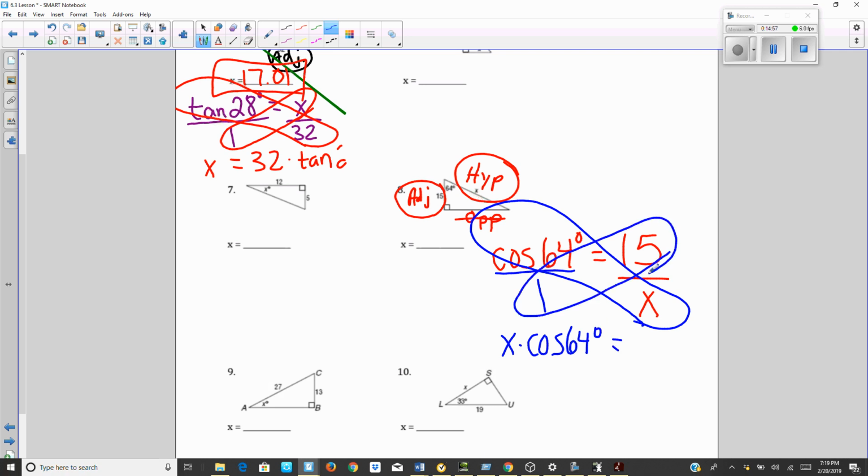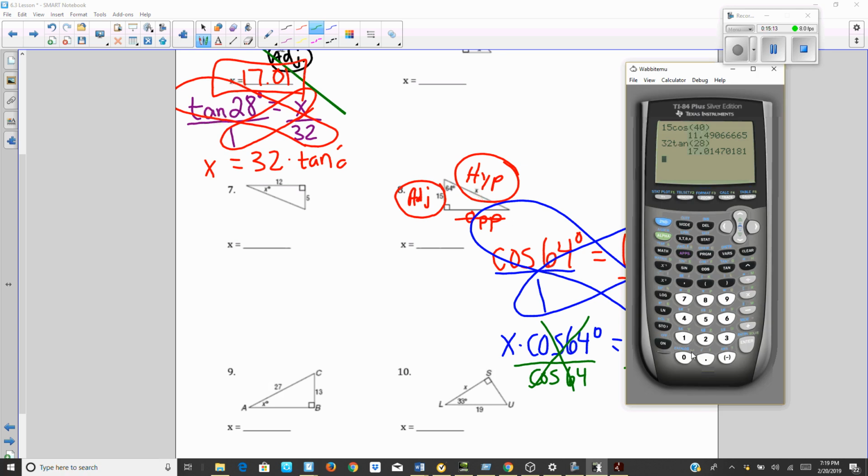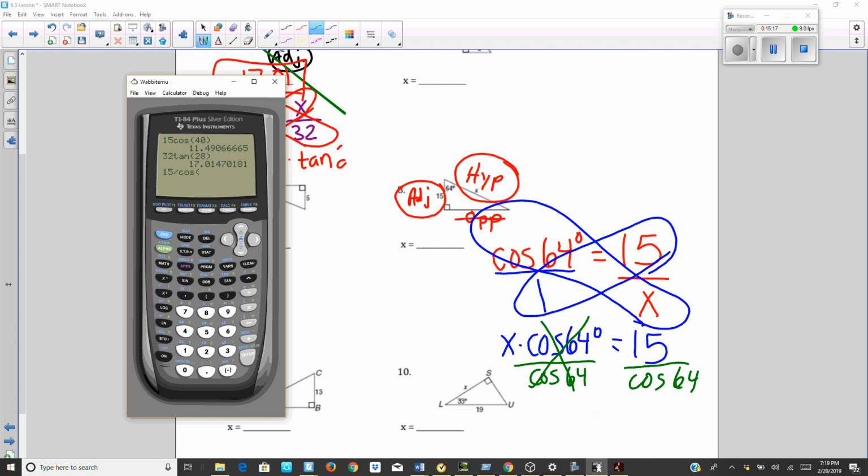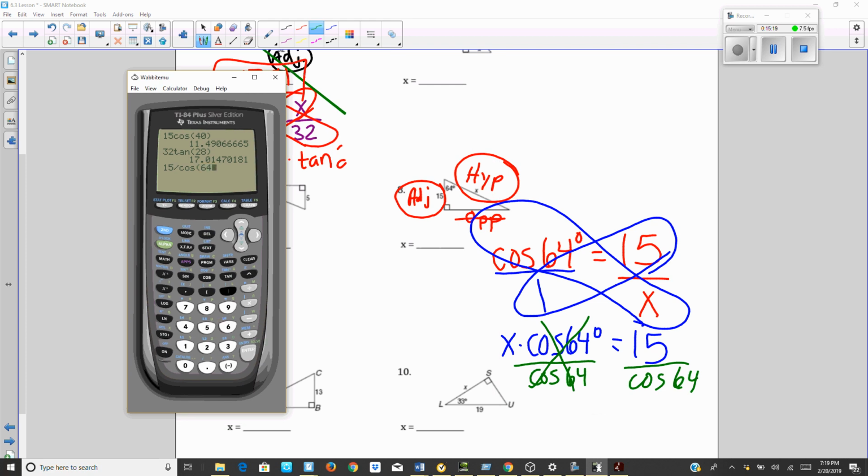We cross multiply here, we get 15. Undo that multiplication with division. And then type in 15 divided by the cosine of 64, and we're done. So 34.2.